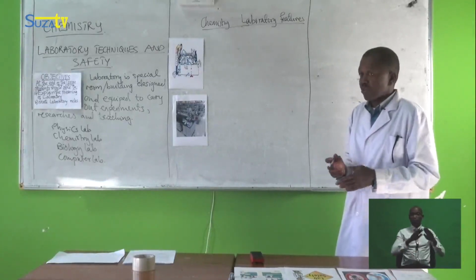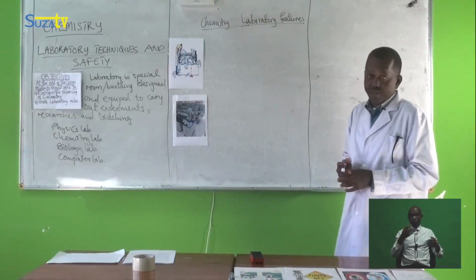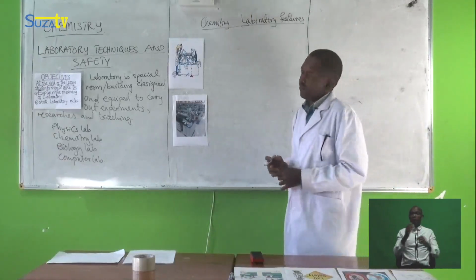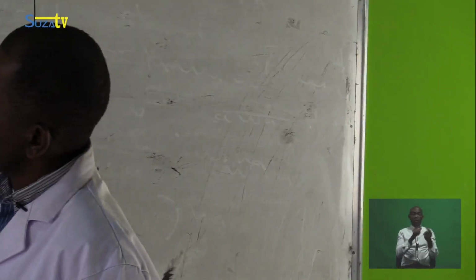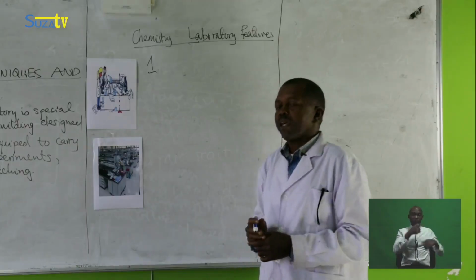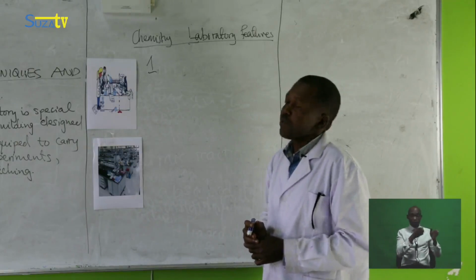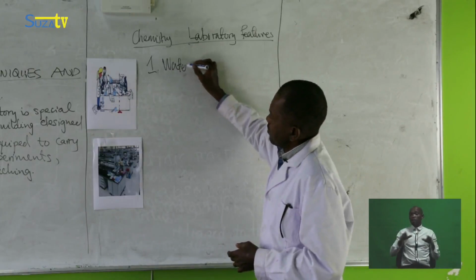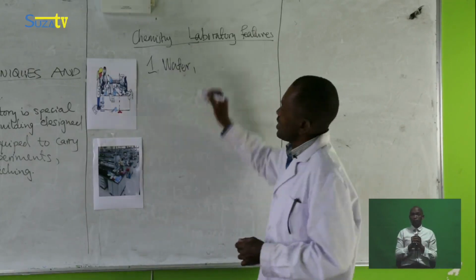But a chemistry laboratory should have the following. First, a water supply. We should have a gas supply.